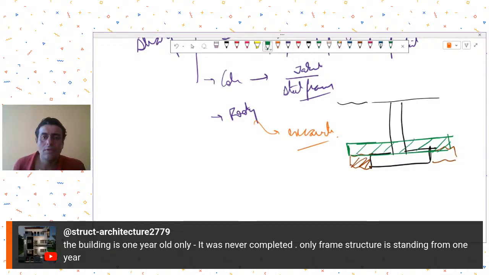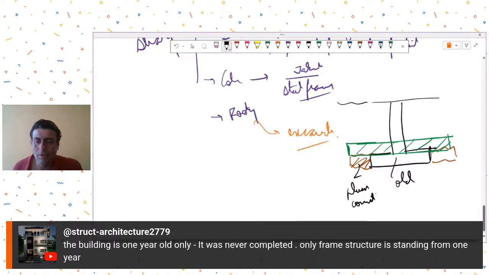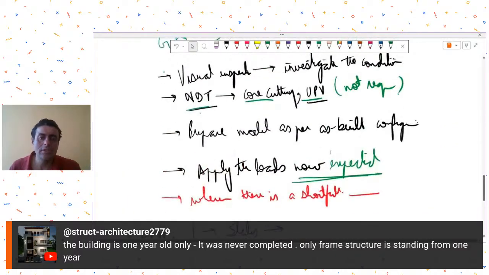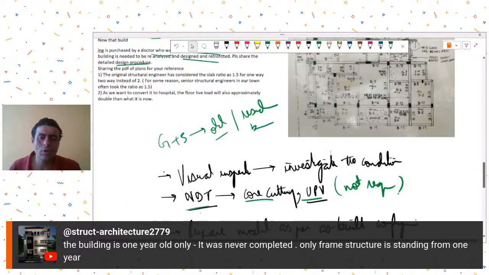So this was my old footing, and this is, let's say, plum concrete that you have filled up, and now this is the new size. And here you may do some rebarring with the column, and use some shear transfers, something like dowels, so that your column loads are properly transferred to the footing. So this type of strategy you can apply for footings. So these are the options, or this is the short process that you may have to follow.